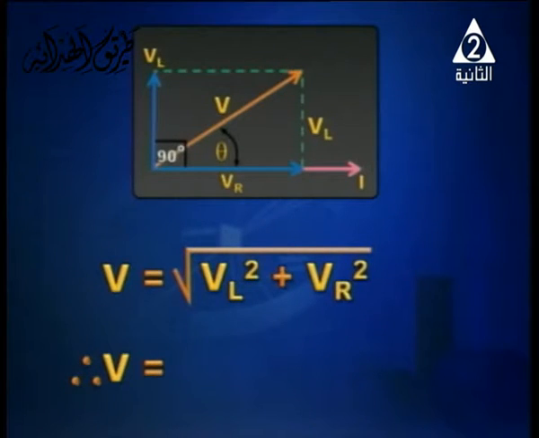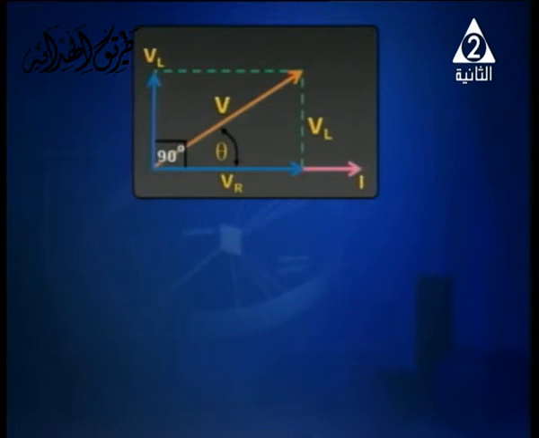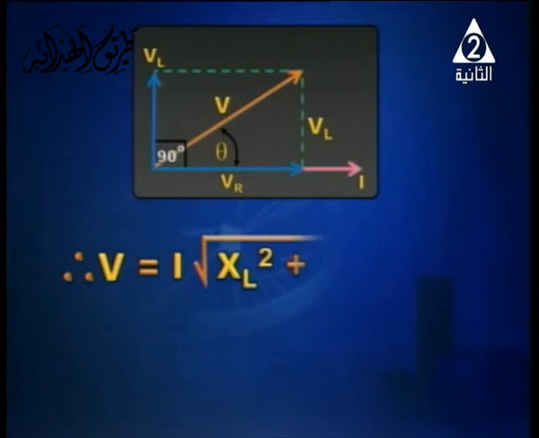We can say V is equal to the square root of VL squared plus VR squared, where VL is equal to the product of I and XL, so VL squared equals I squared XL squared. And VR is equal to the product of I and R, so VR squared equals I squared R squared. Of course, I squared will be taken as common factor, and out of the square root will be I. So V equals I times the square root of XL squared plus R squared.